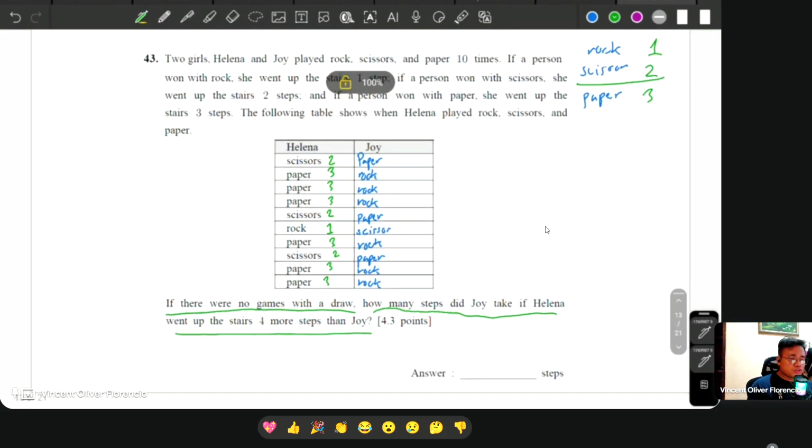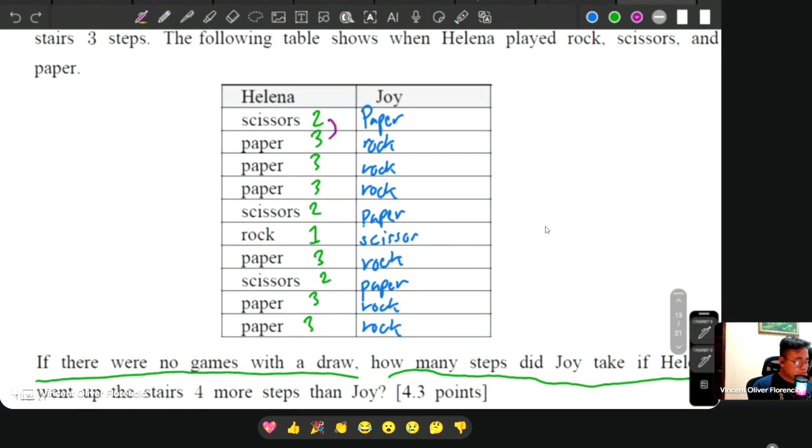Okay. So in total here, how many do we have in total? It's going to be 2 plus 3 is 5, plus 3 is 8, plus 3 is 11, plus 2 is 13, plus 1 is 14, 17, 19, plus 3 is 22.